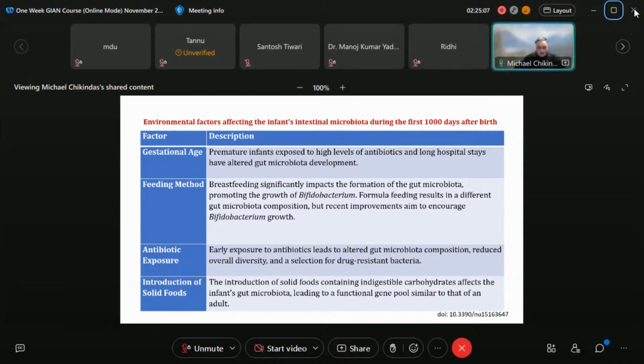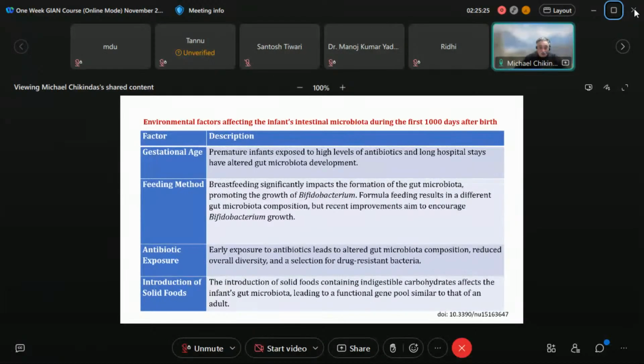But of course, nowadays we have a variety of supplements enriched with probiotic bacteria. Antibiotic exposure, as we already mentioned, will have a negative effect on the development of the resident microbiota.